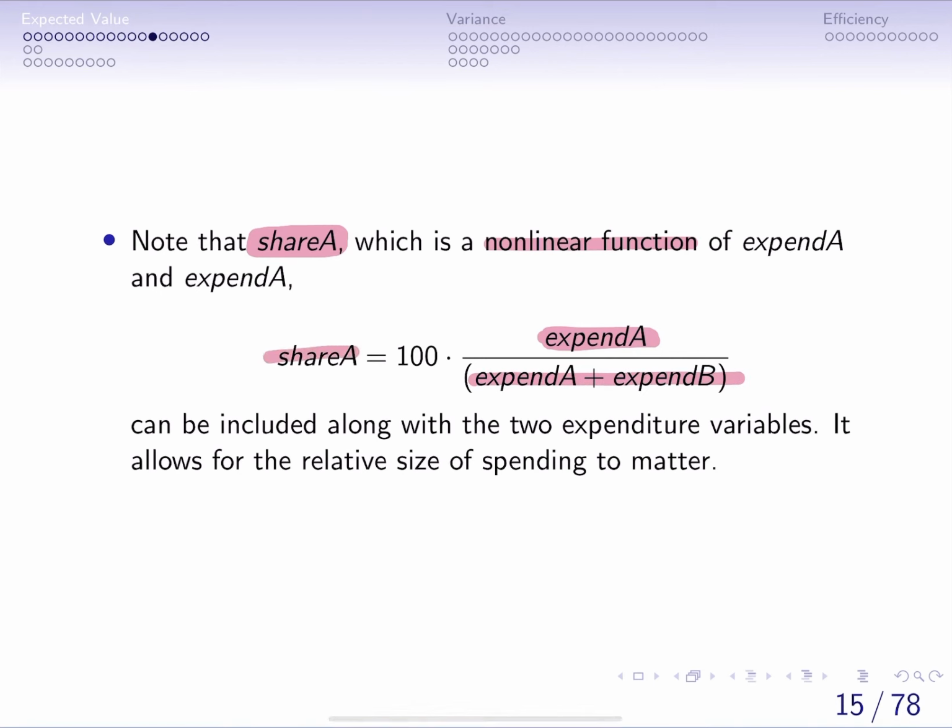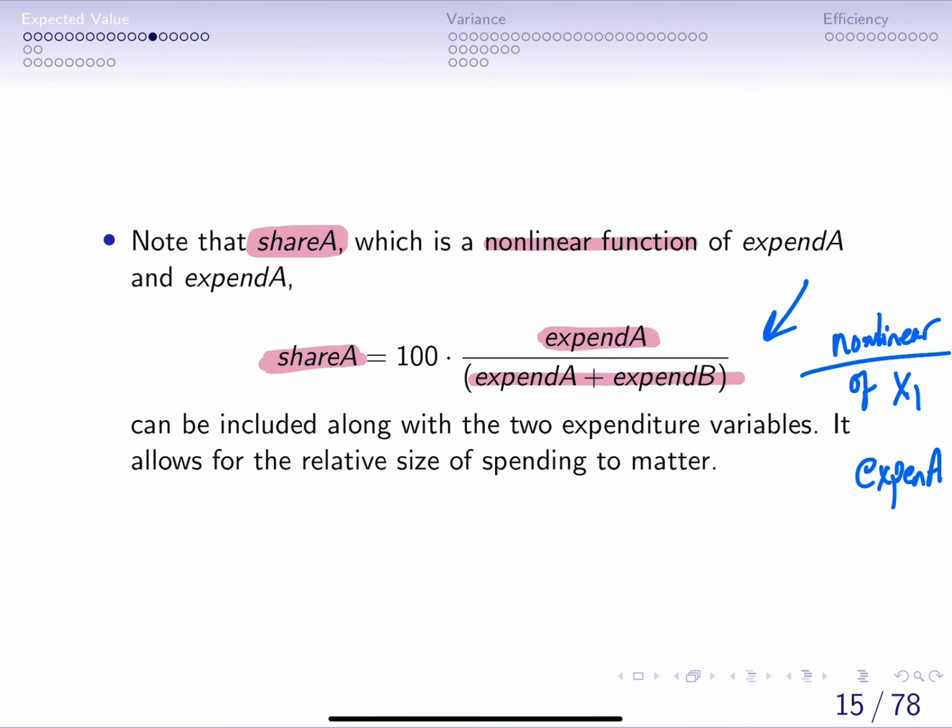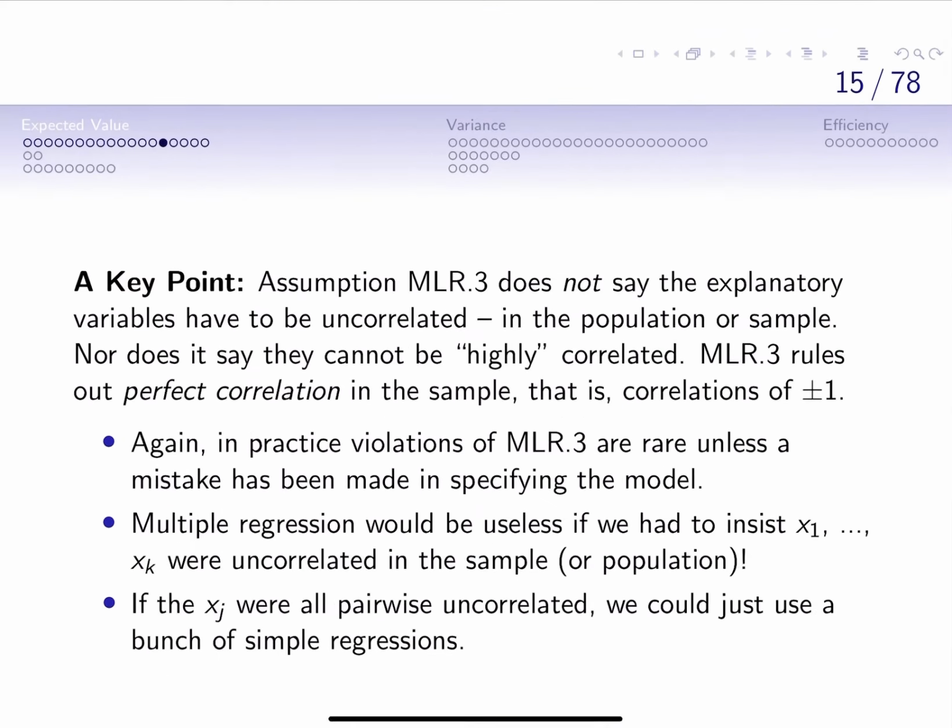We can introduce something like this in our regression, and that's not going to be a problem because this is a nonlinear function of x1, which was expenditure A. As long as it's nonlinear, it's okay, but if it's perfectly linear, that's a problem.